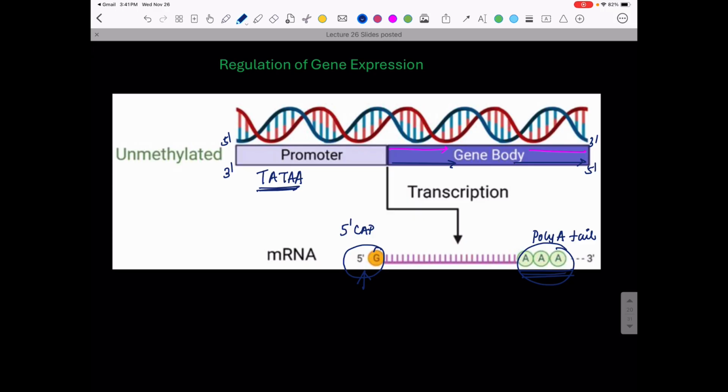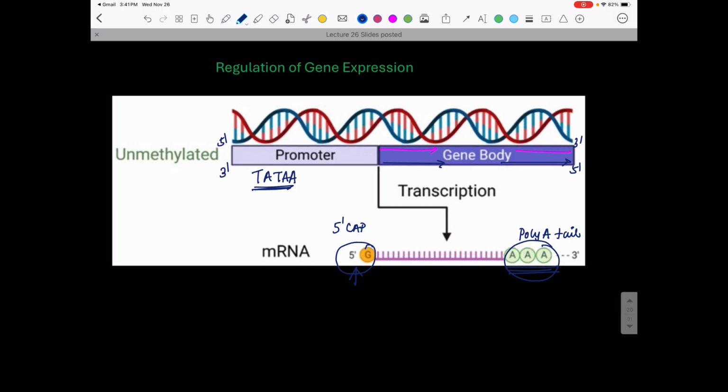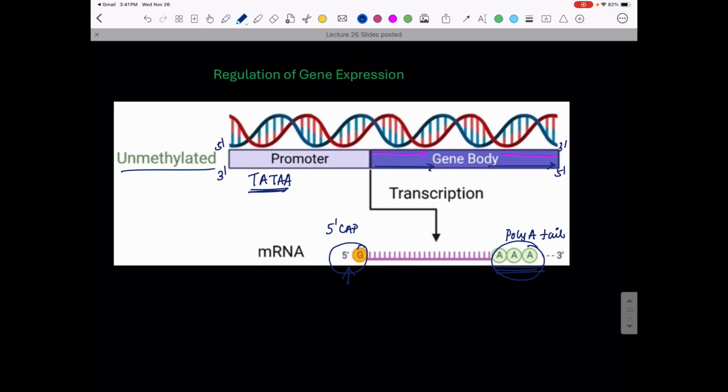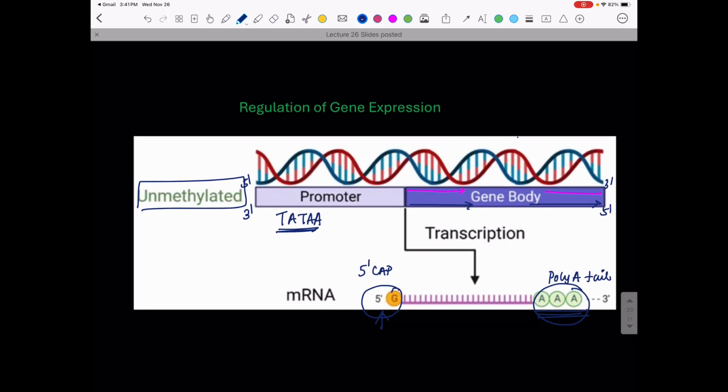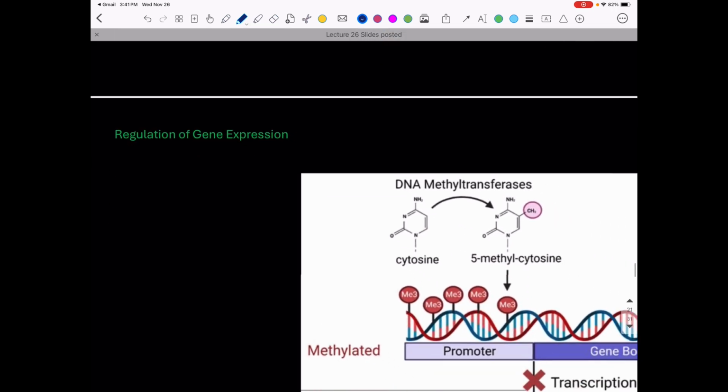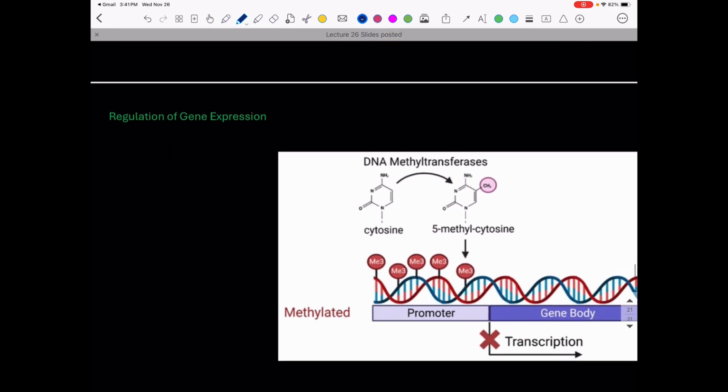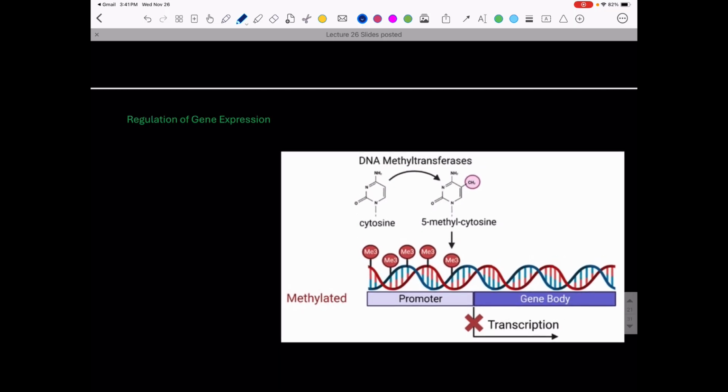So whenever the DNA is unmethylated, meaning the DNA itself is open and doesn't have any methyl groups on it, then we say that the DNA is open for transcription, or there is active gene expression happening in the cells. However, whenever the cells are in a dormant state, when there is no need for any of those specific proteins to be synthesized because that metabolic pathway is not active, then the DNA can be methylated.